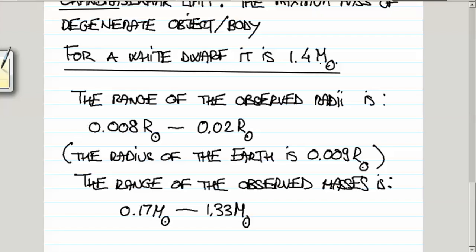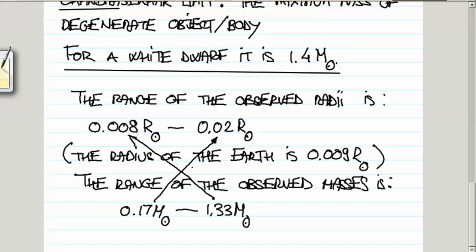So remember, the higher the mass, the smaller the radius. So these most massive white dwarfs have the smallest radii. So the correspondence would be like so and like so.